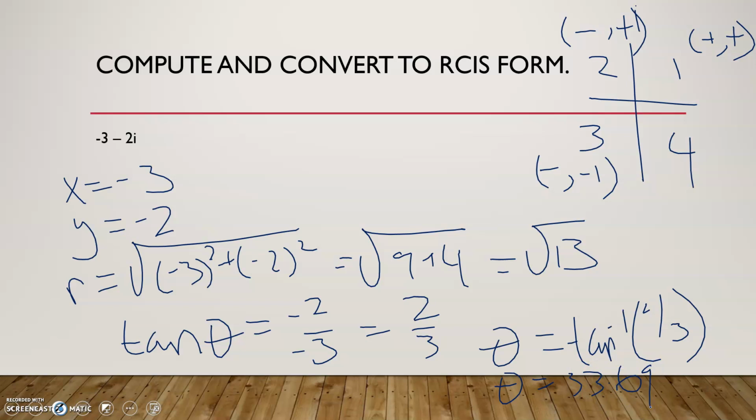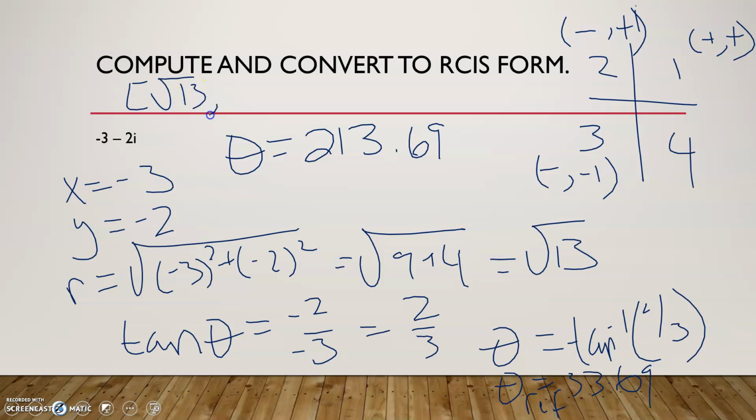So just from our memory of reference angles, I know that I need to add 180 to that to find out what the real angle is. And so when I add 180, I get, so I'm going to say REF because that stands for reference. That's my reference angle. My angle is actually going to be 213.69 degrees.